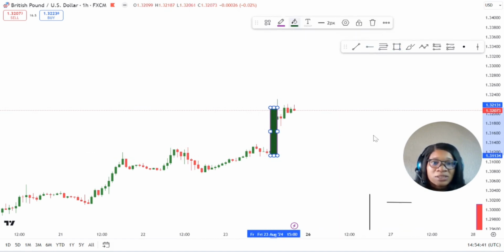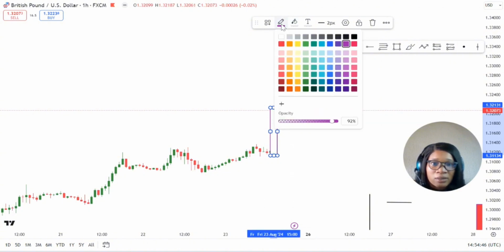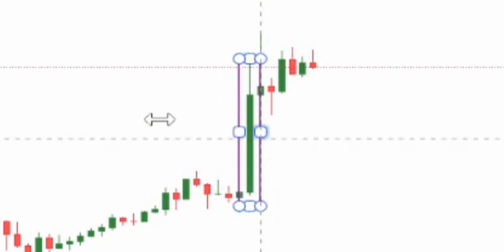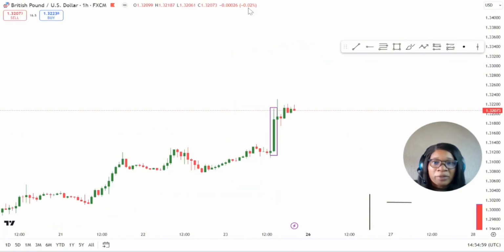I want to make an illustration here. So I have marked out this long candle that we have seen, that is very obvious on the 4-hour time frame.